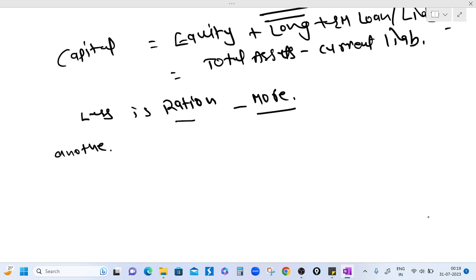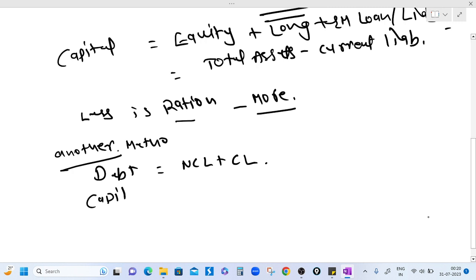This is another method of calculating debt: debt would be non-current liability plus current liability, and capital employed is basically total assets.